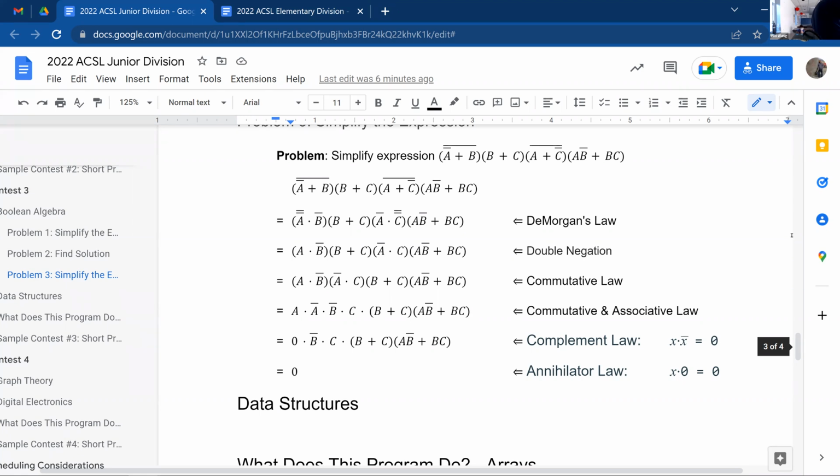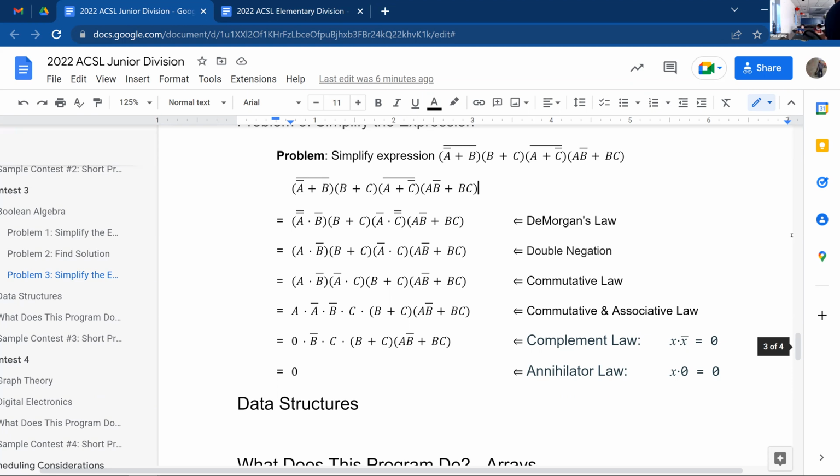I skipped a couple of steps. I applied this law on both this and this, as you can see, right? So I broke that part into not A and not B, right?